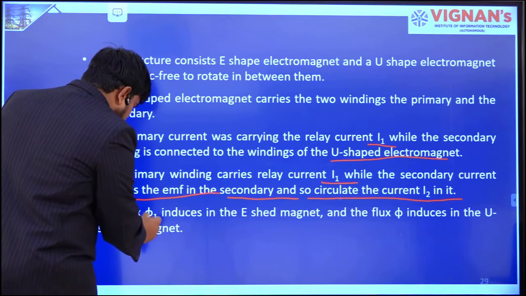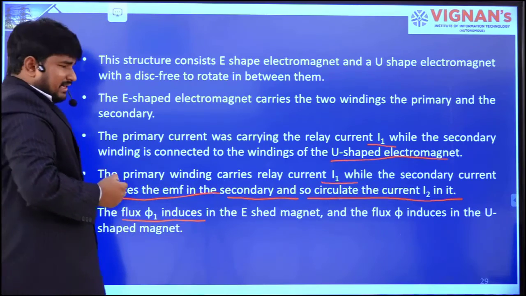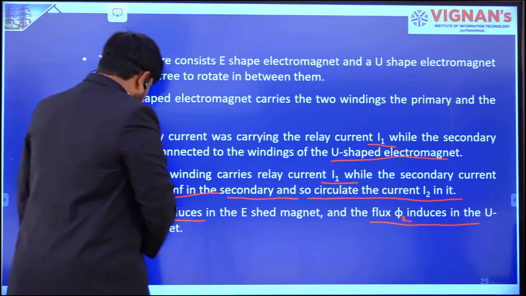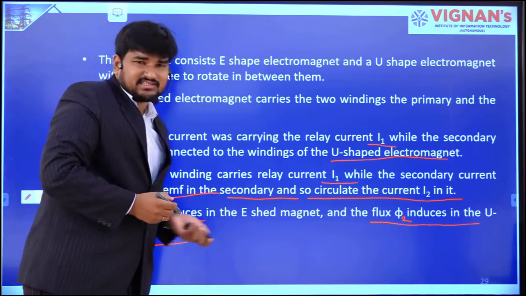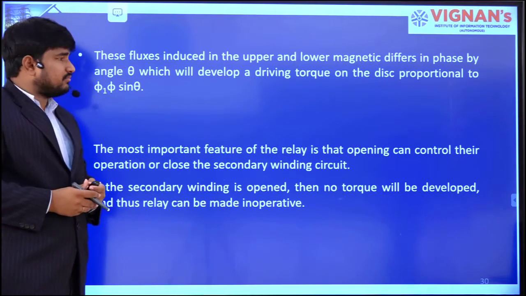The flux phi1 is induced in the E-shaped electromagnet, and the flux phi2 is induced in the U-shaped electromagnet. So because of the interaction of these two fluxes, there will be a creation of force.